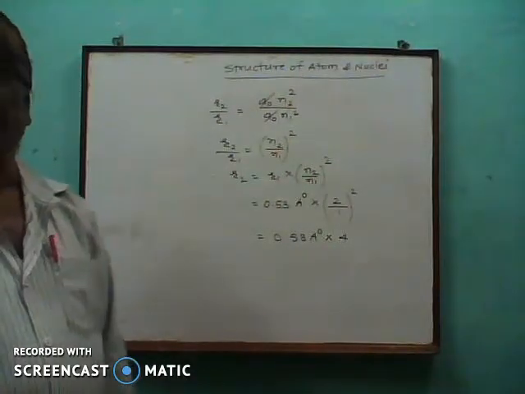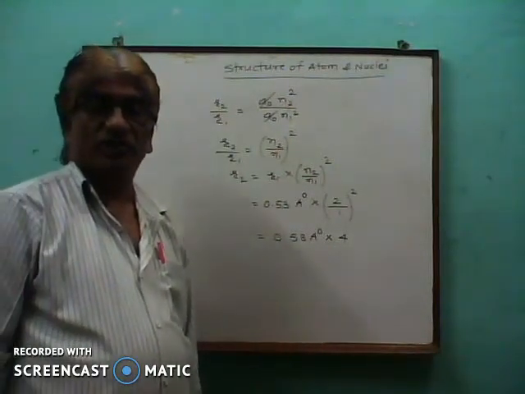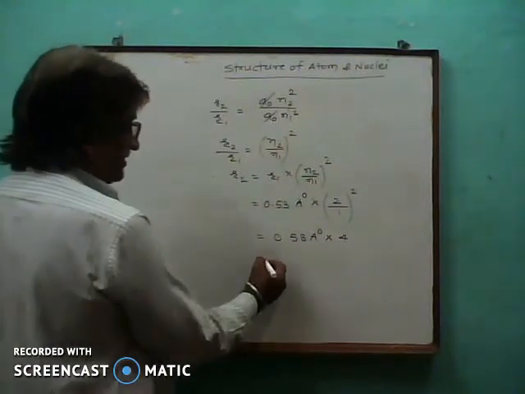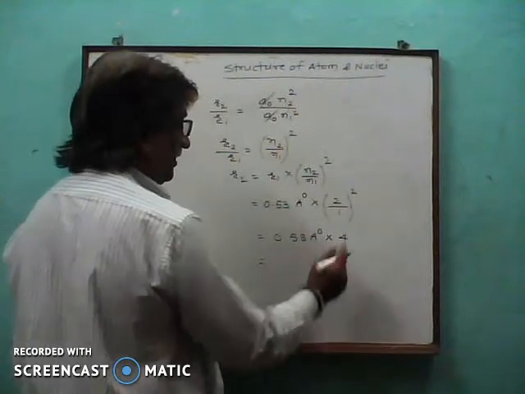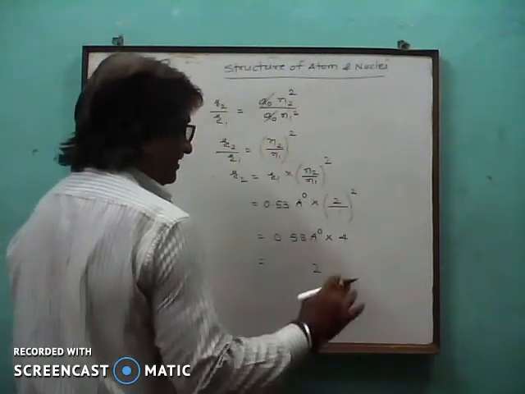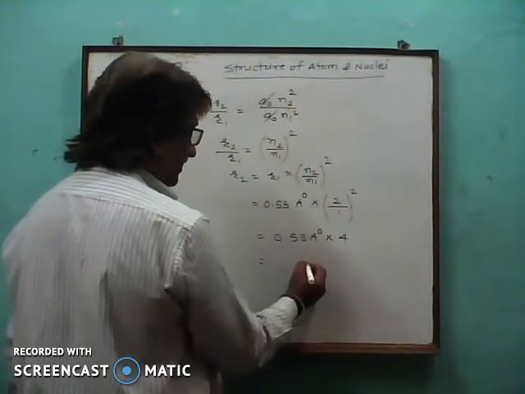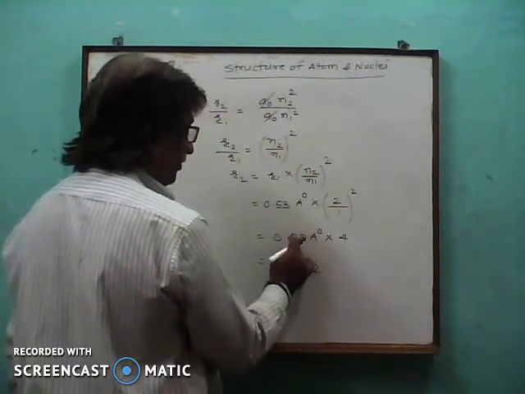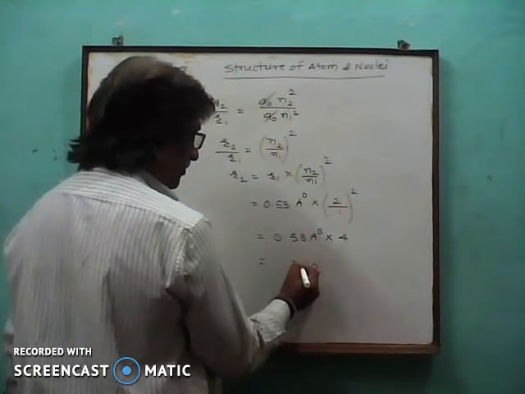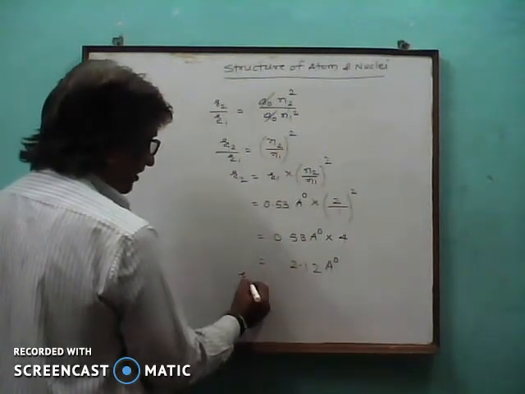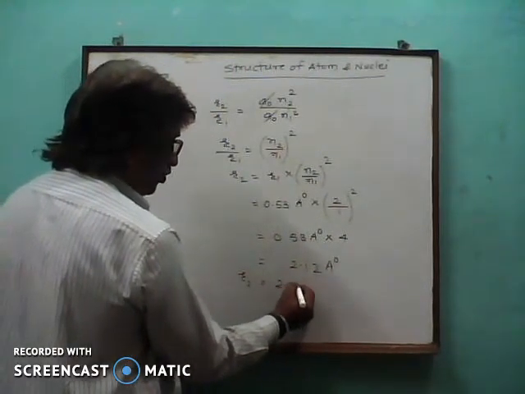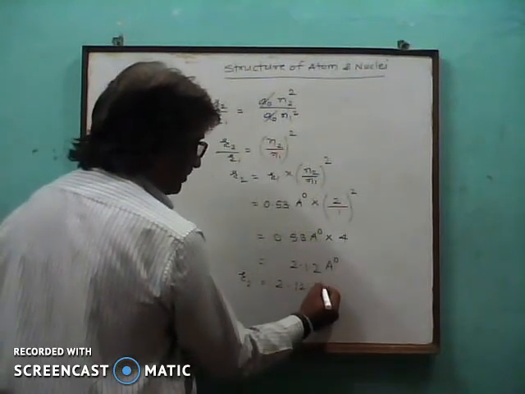If we multiply 4 into 0.53, 4 into 3 is 12, 1 remaining, 4 into 5 is 20, 20 and 1 is 21, 1 and 2, so the decimal point is here. So your answer for second orbit will be 2.12 angstrom unit.